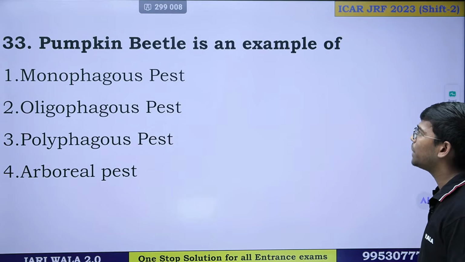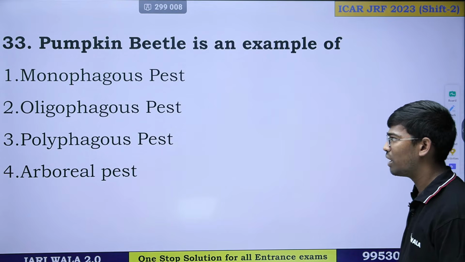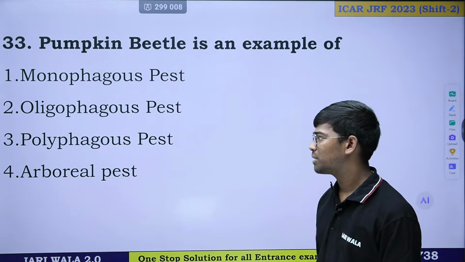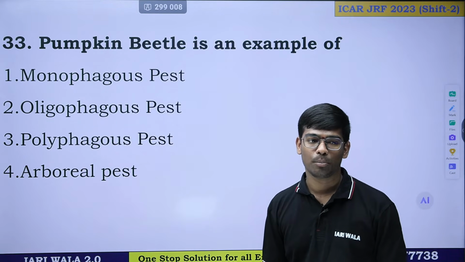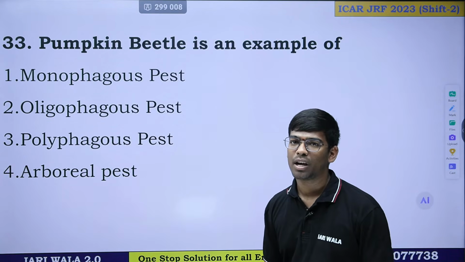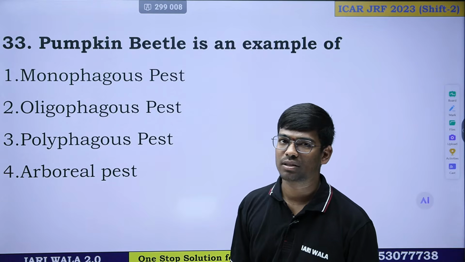Pumpkin beetle is an example of a monophagous pest, oligophagous pest, polyphagous pest or arboreal pest. Arboreal is nothing but bushes, the pest which attacks the bushes.